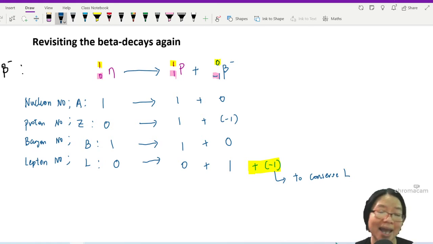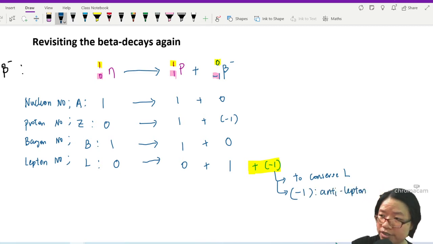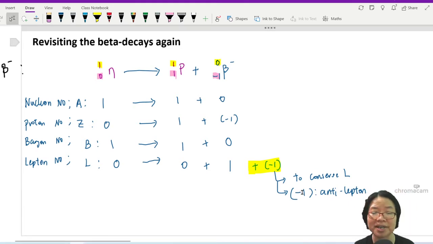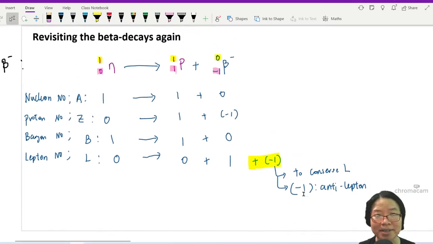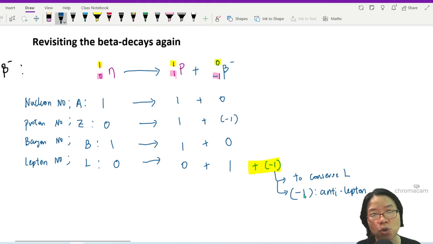So I need to put an anti-lepton here. Negative 1 is anti-lepton. I didn't mention previously in the table that whenever we put a negative before the number, it shows an anti-particle.